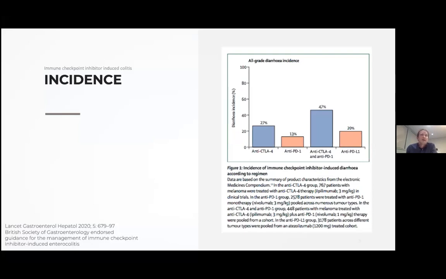Specifically, the earlier agents, the anti-CTLA4 ipilimumab, which is still being used very frequently. The newer agents, the anti-PD-1 and the anti-PD-L1 ligand, less so. For different indications, which are expanding all the time, combination therapies are being used, and we're likely to see these numbers increasing.